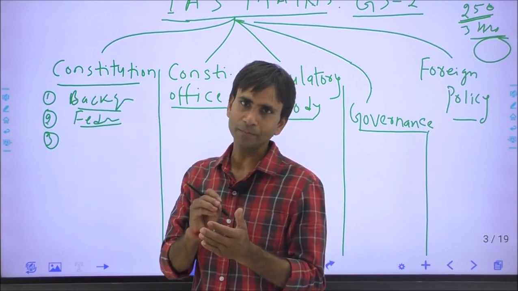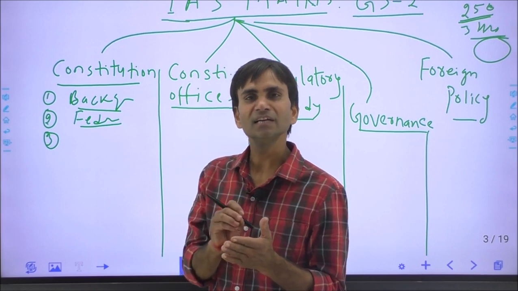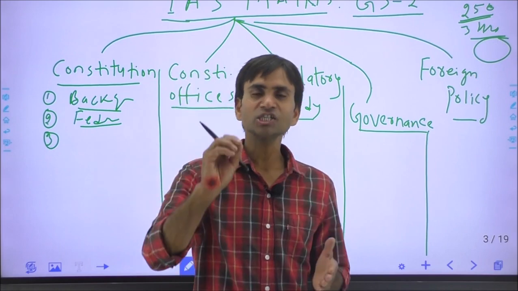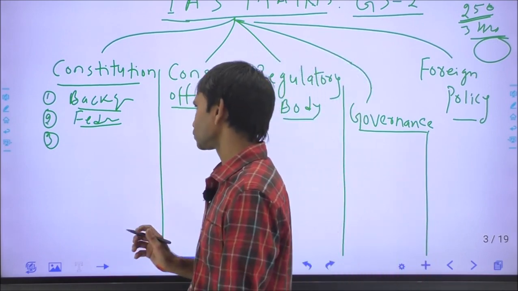Here you have to understand what kind of powers the states now require and what is the reaction of the Union government. It must be covered by all the students.